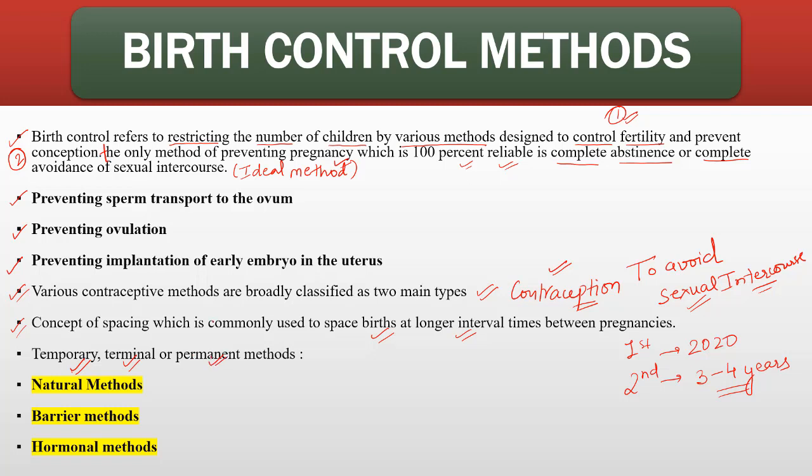So birth control methods are basically of two types. First is the permanent methods, and the second is the temporary methods. The temporary methods are for a very short duration, and the permanent methods give permanent relief.